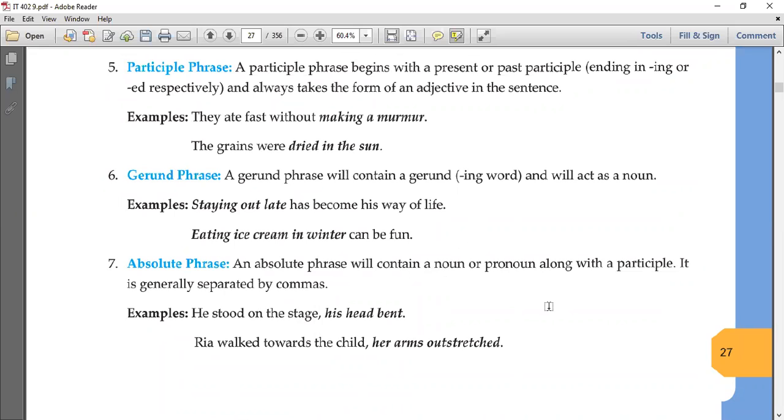And it has a participle, it has a noun or a pronoun with it. And these absolute phrases, they are separated by comma, right? He stood on the stage, comma, his head bent. So this his head bent is the absolute phrase here, right? तो यहाँ पे इसमें noun pronoun है, his यहाँ पे pronoun है, और यहाँ पे participle भी लगा दिया है, right?